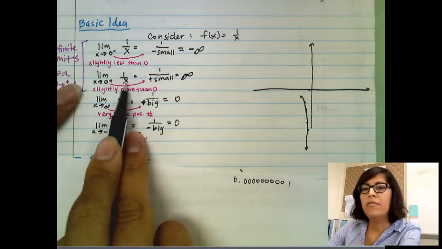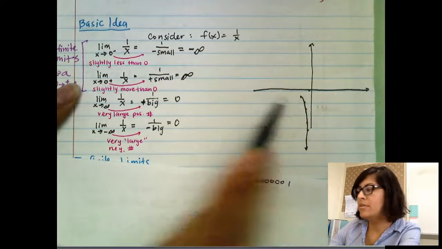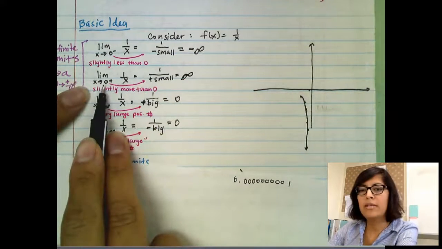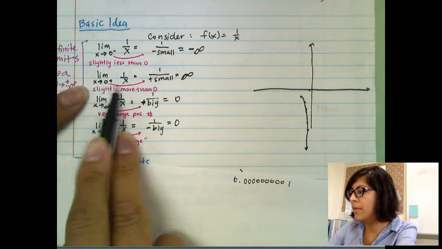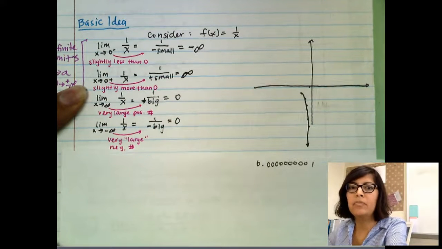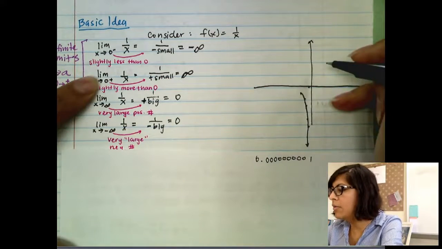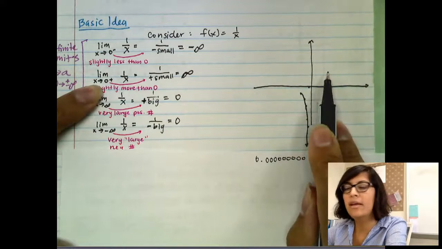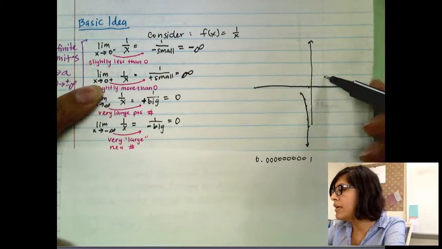Let's see what happens over here. It doesn't tell us anything that happens over here. It's just the end behavior. So as we get closer to 0 on the right-hand side, it might start somewhere right here.